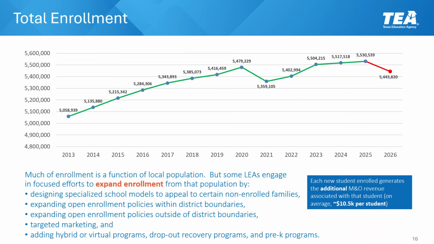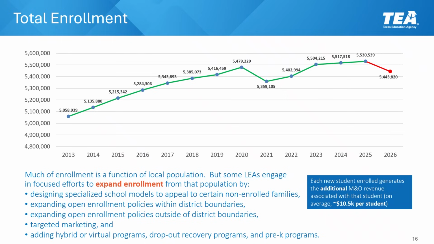Total enrollment across the state has increased over time. A district can control somewhat the enrollment by providing specialized school models that appeal to certain non-enrolled families. Districts and charters can expand their open enrollment policies within their own district boundaries.